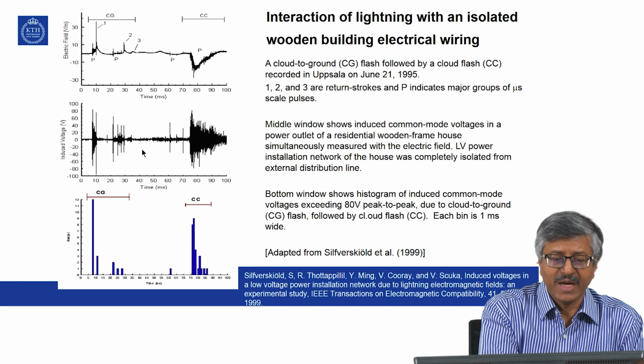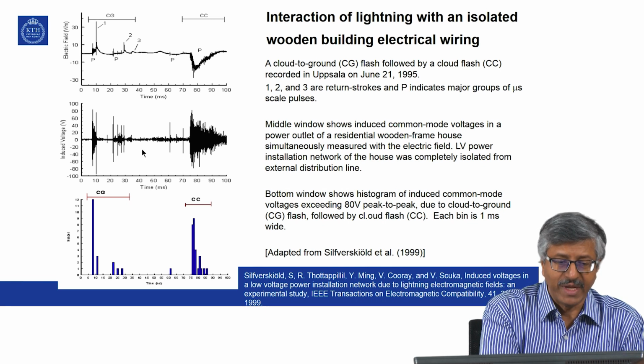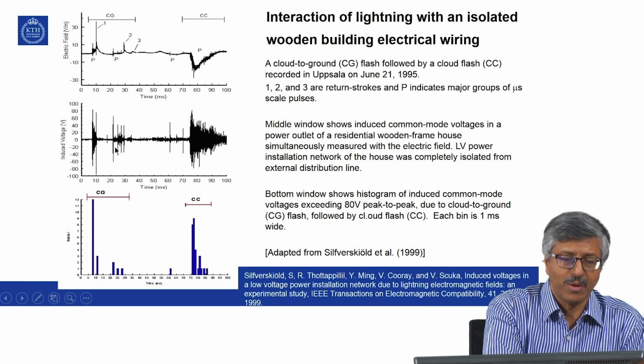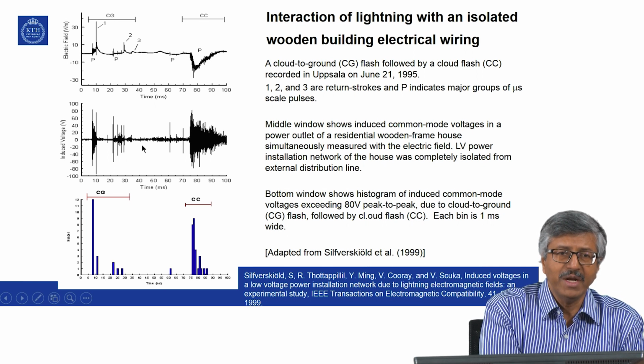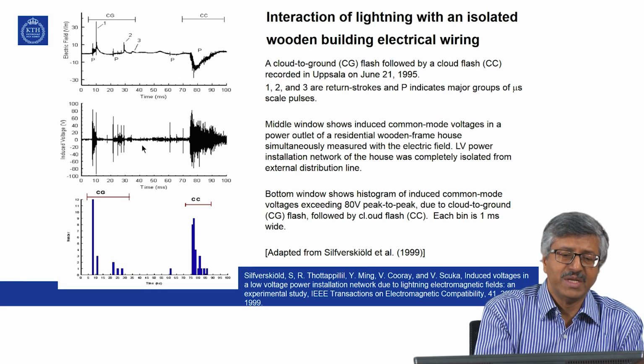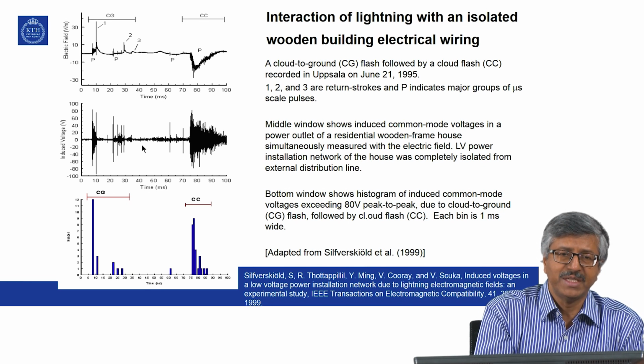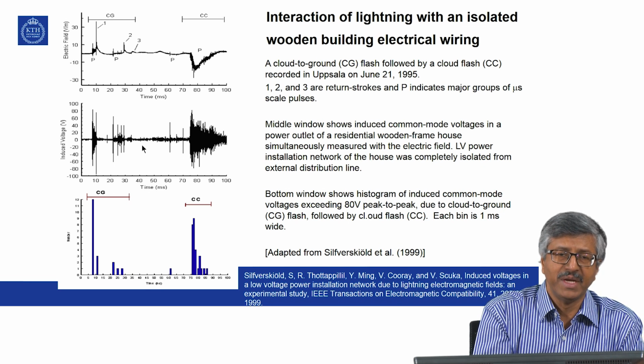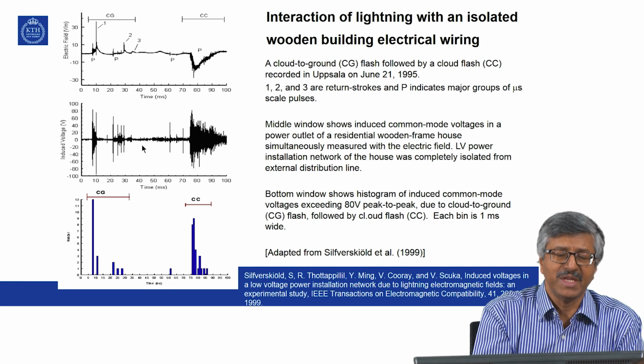So, it is like a common mode current, common mode voltage, actually it is voltage, common mode voltage of a wooden building that is completely isolated from external power lines. So, it is like a huge object, a building with its normal electrical wiring, piping and everything.